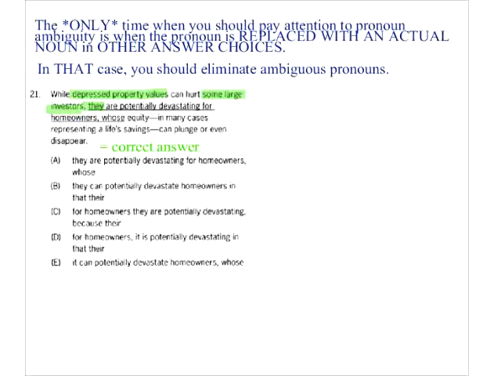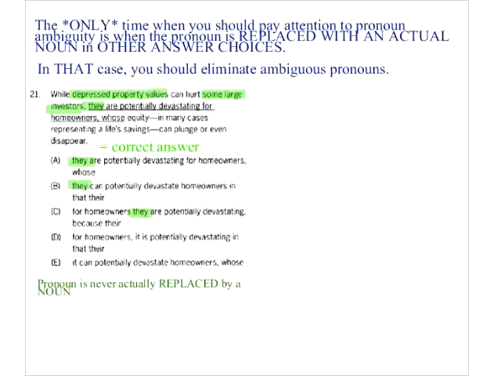Notice that we don't care because there's no replacement. The pronoun is never actually replaced by a noun.